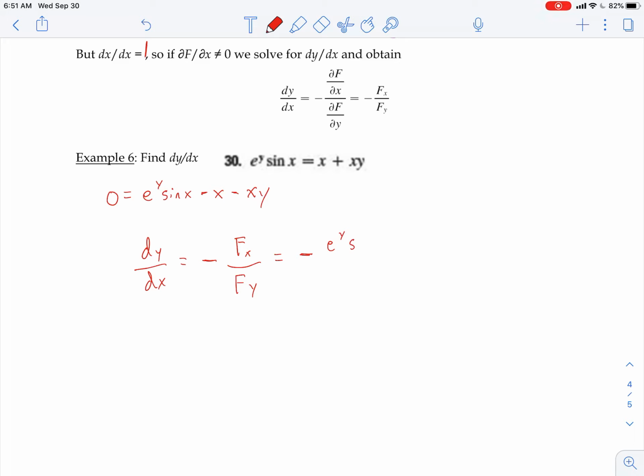In the numerator, the derivative of sine x is just cosine x, so we get e to the y cosine x, minus 1, minus y, divided by the derivative of our function with respect to y, so it's e to the y sine x, minus 0, minus x.